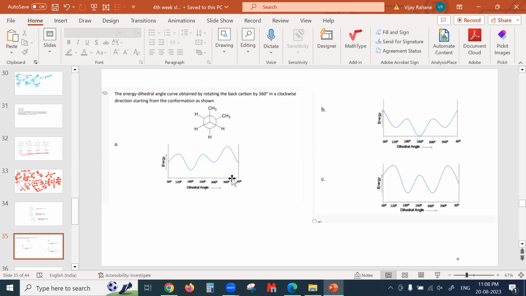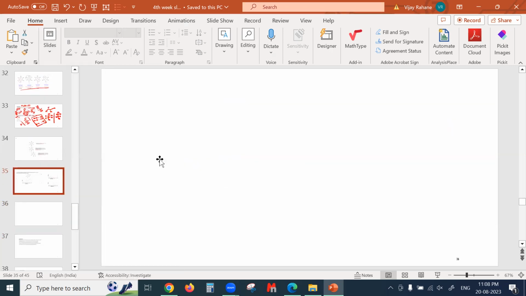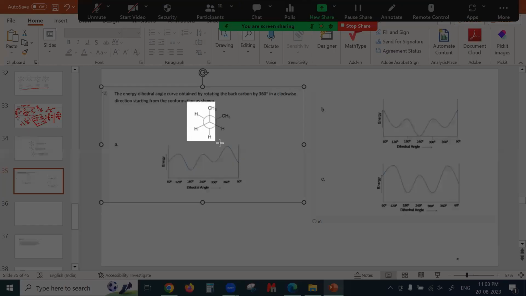So we just need to draw the energy profile diagram. This is a very simple question, but the only thing is you need to go step by step. I'll just take the structure of this molecule.